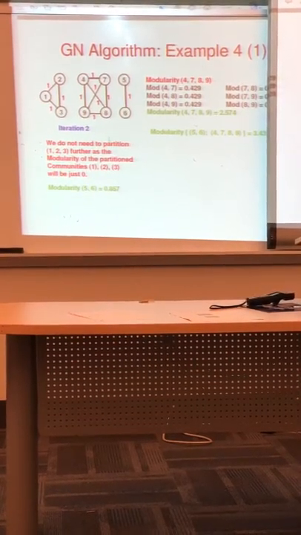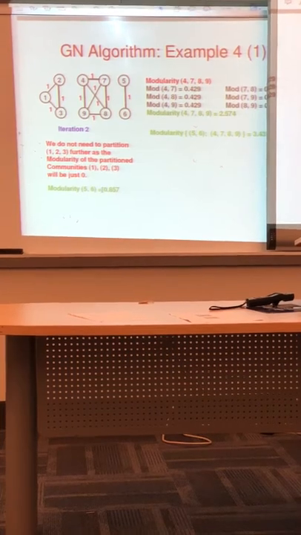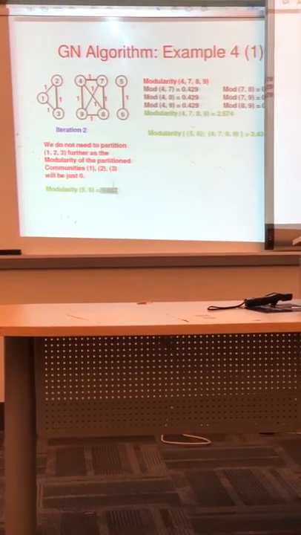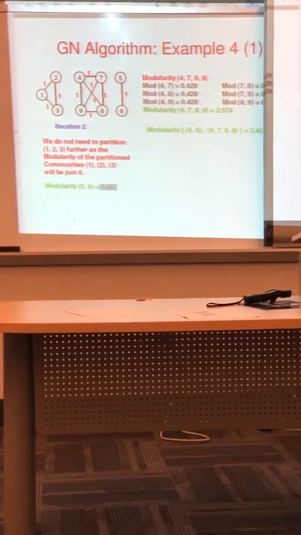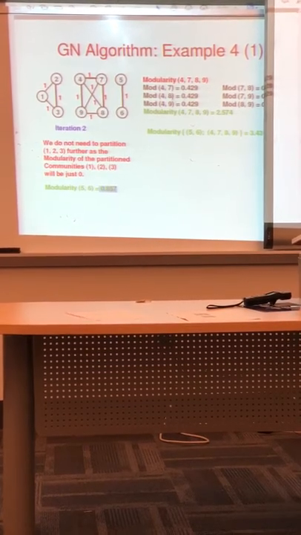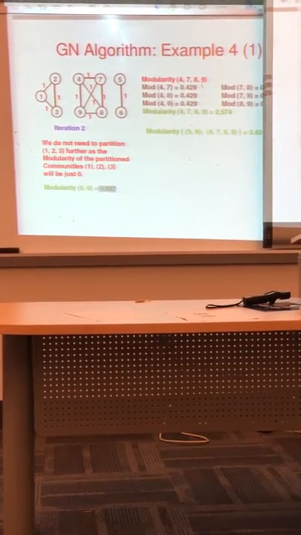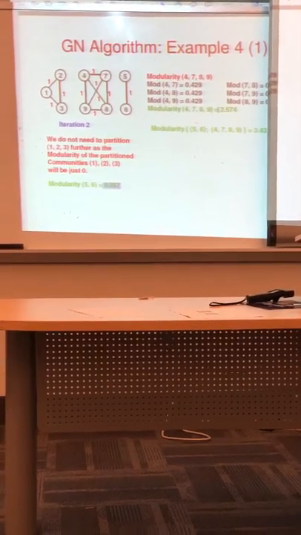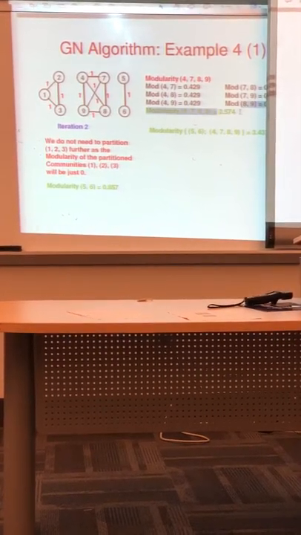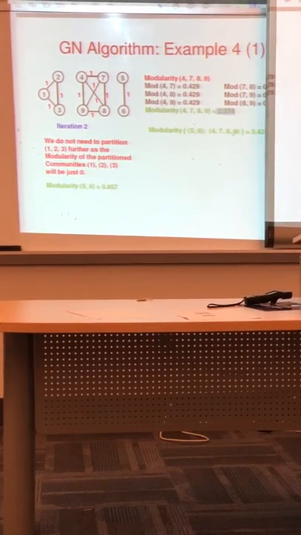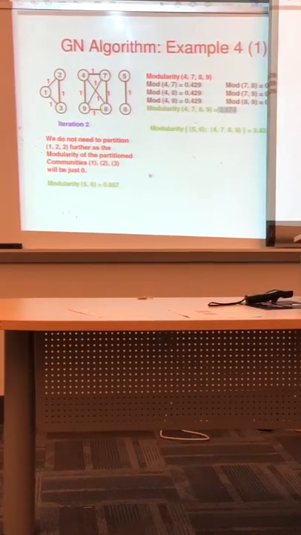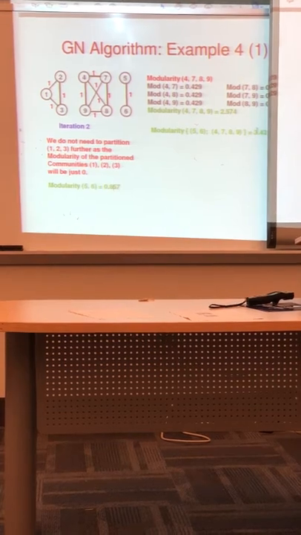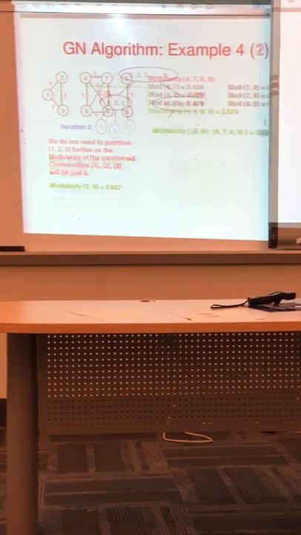Now 5, 6 is of course a pairwise modularity score of 0.857. Now 4, 7, 8, 9 is a clique, so you have edges between any two vertices. So add up all the modularity scores and it's going to come out to be 2.574. So the total modularity score is this value plus 0.857, which comes out to be 3.431.